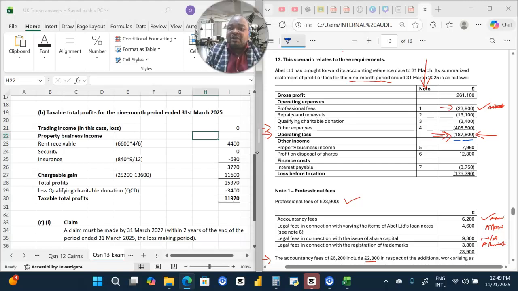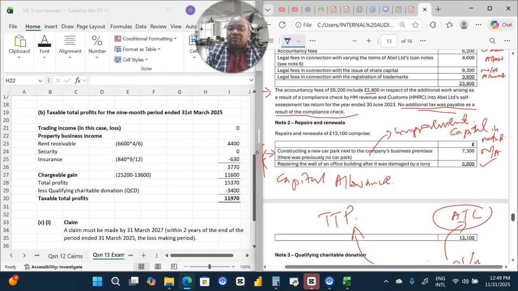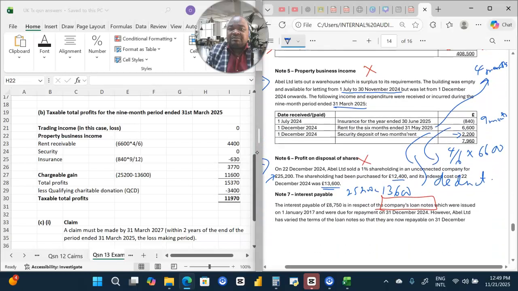Because if you come to the note, the rent for 6 months, we are saying that we only needed 4 months. So we only picked the figure that was applicable and we put it there. Remember, we are computing incomes which are legally incomes in the taxman's eyes. So we are saying security deposit is not income.